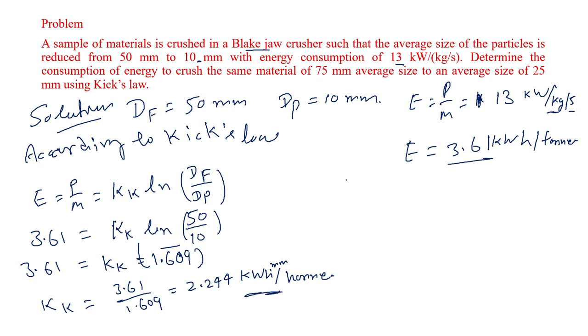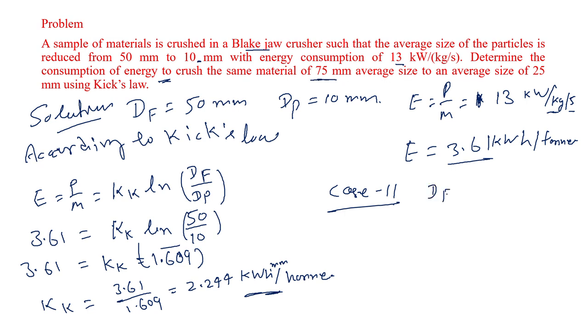In the second case, he said that we have to calculate the energy consumption to crush the same material by using the same machine, from 75 mm average to 25.